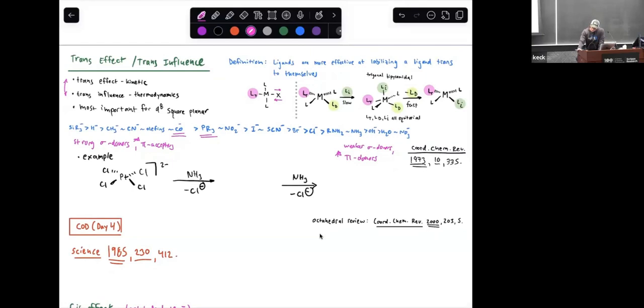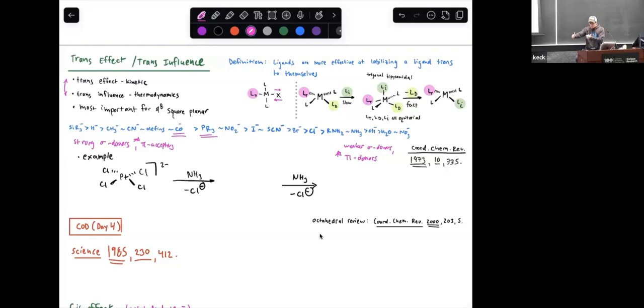In terms of a mental model, like a heuristic, it's not really a mnemonic device, but just a general first pass. One way you can think about this, and this is not technically accurate, but has always been useful in the back of my mind, is if you imagine that the metal, these two ligands, the trans influencing and the outgoing ligand, are interacting with the same orbital on the metal, let's say the dx squared minus y squared orbital.